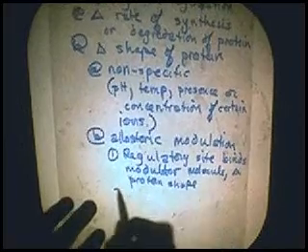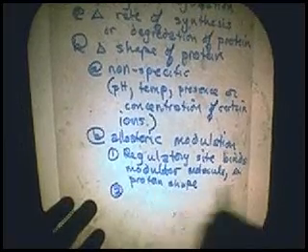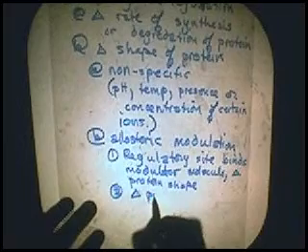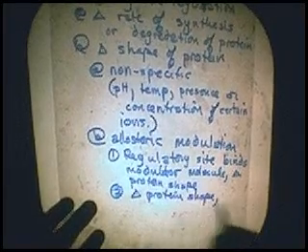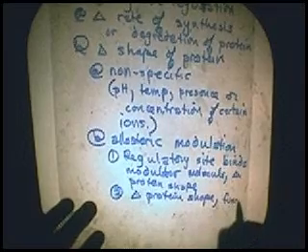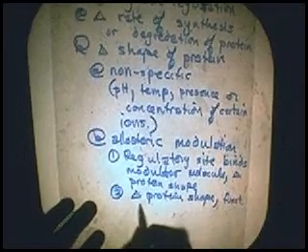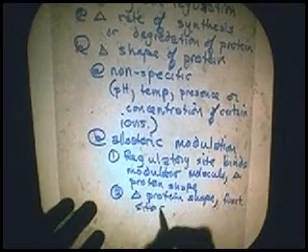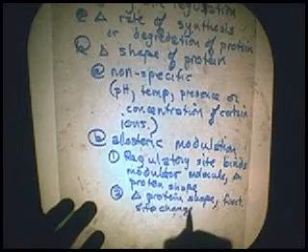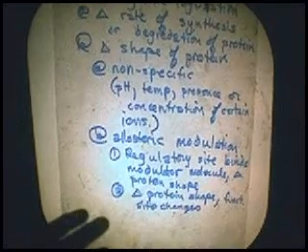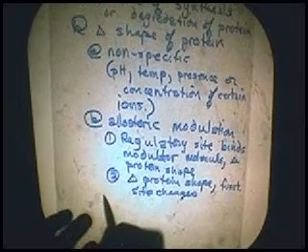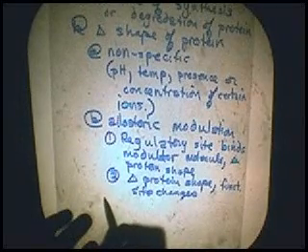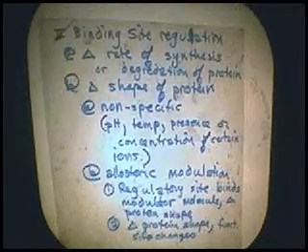And then, when the protein changes shape, the functional site changes. It either becomes activated or inactivated depending on what system you're looking at. So that's allosteric modulation.